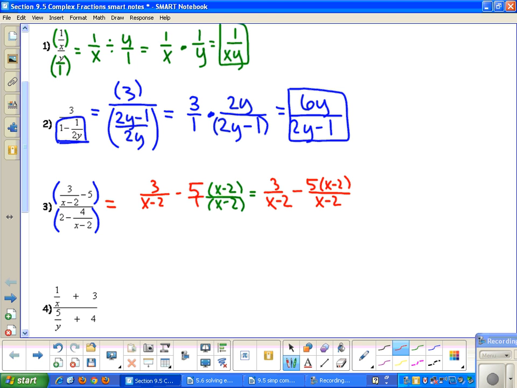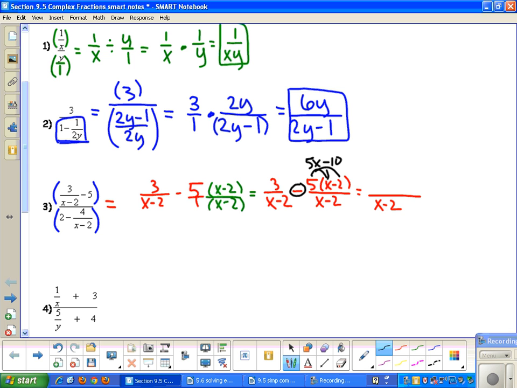Now that I have a common denominator, I can put all of this over my common denominator, and I can combine stuff in my numerator. So if you look right here, this times this gives me 5x, and then this times this would be minus 10. I have a negative right here as well that I am going to have to distribute to both of those terms.